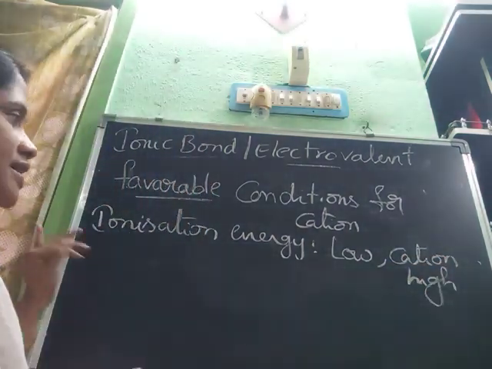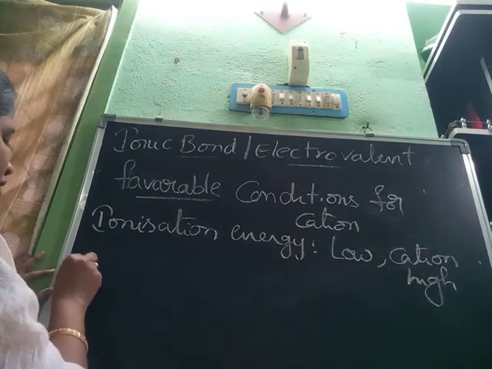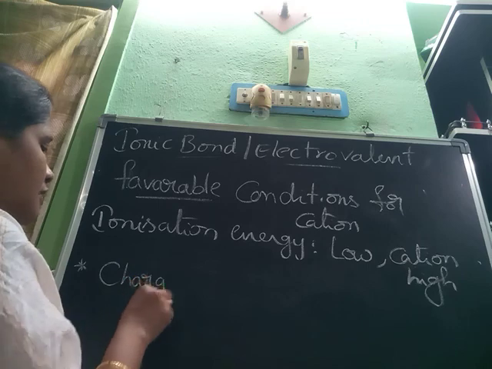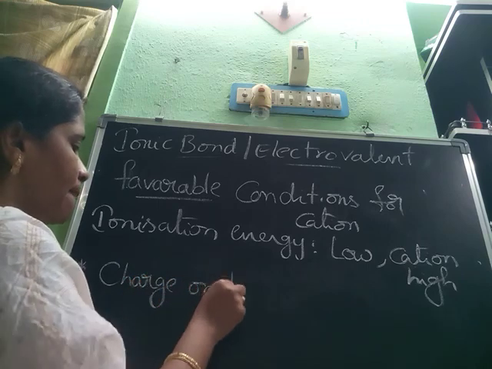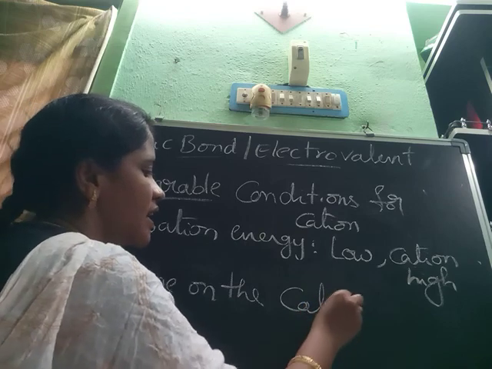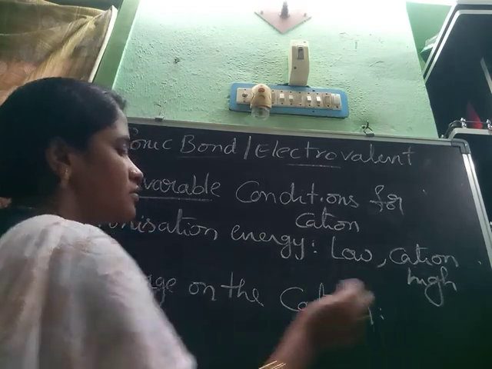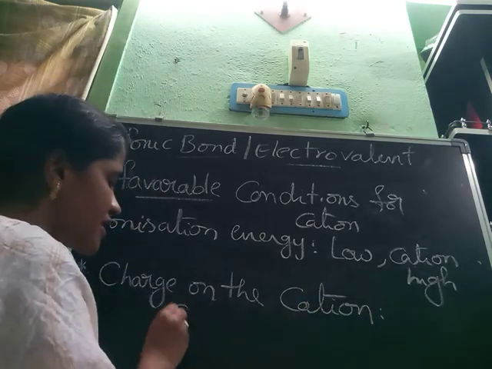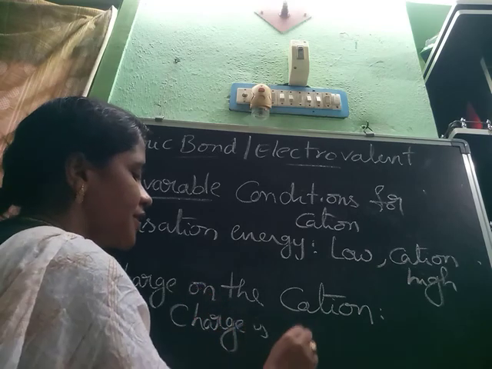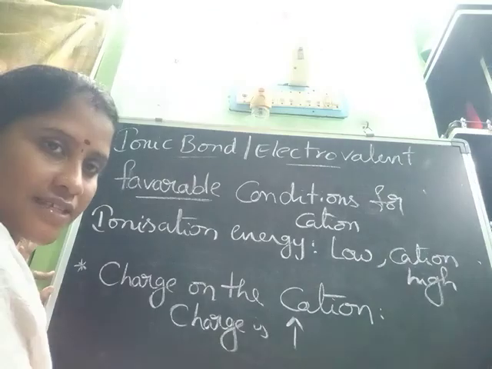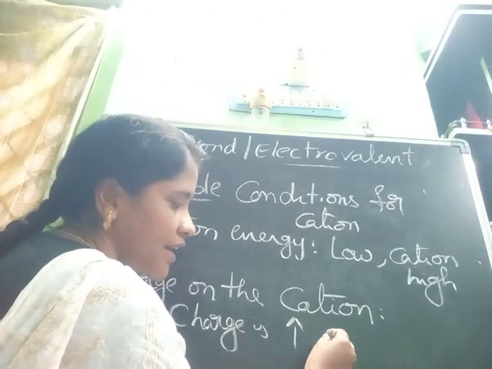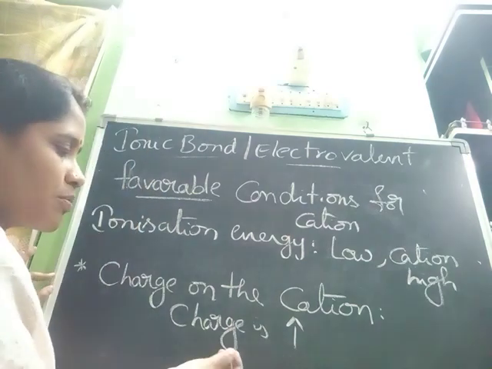Okay, the next condition, the third point, is the charge on the ions. What is that? Charge on the cation. If the charge is increased, ionic nature is decreased, which means it has less cationic property.